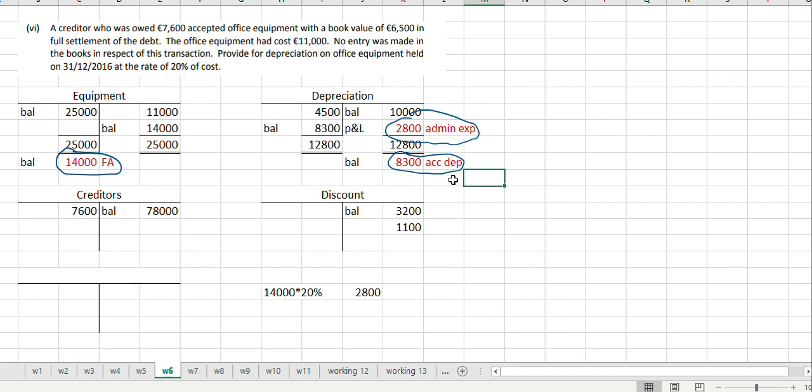Other accounts that we need to balance to get the right figures. Our creditors account, I'm just going to do this shorthand: 78,000 minus 7,600, basically 70,400, would be your current liability.